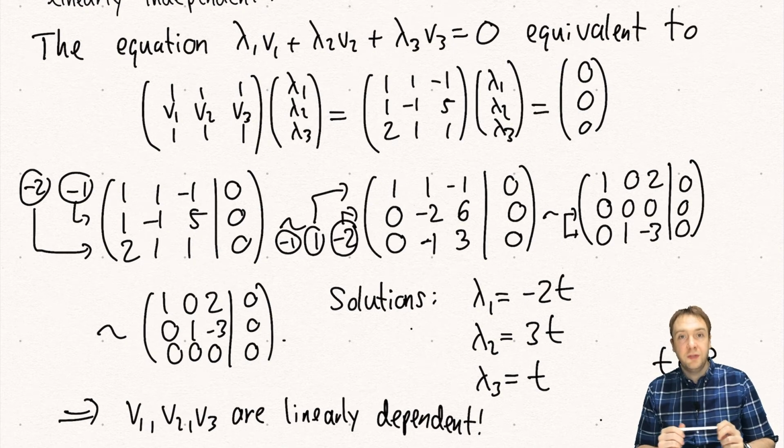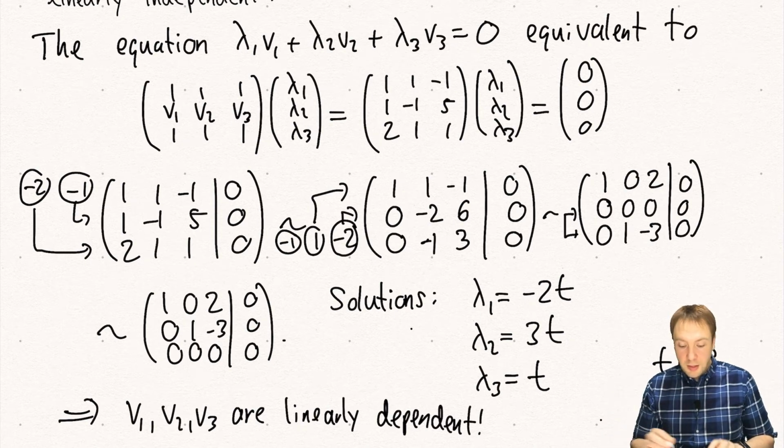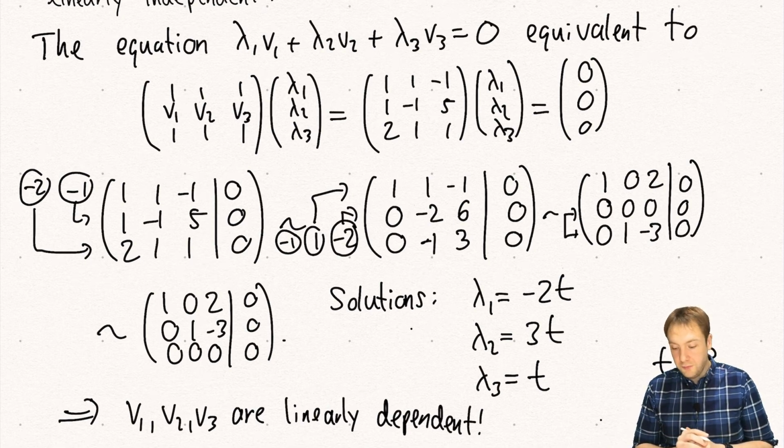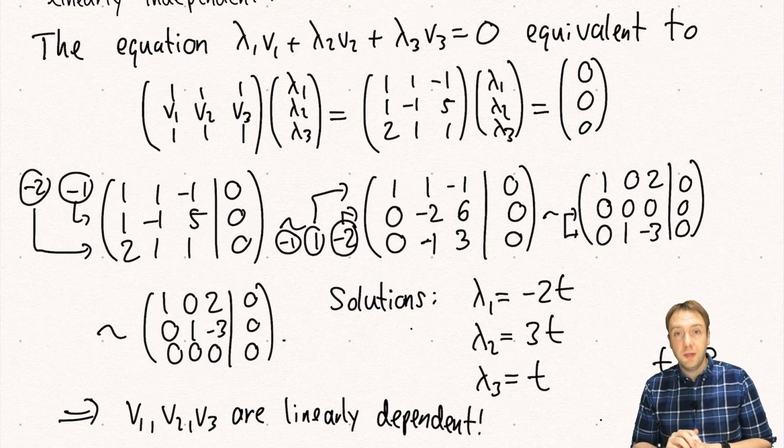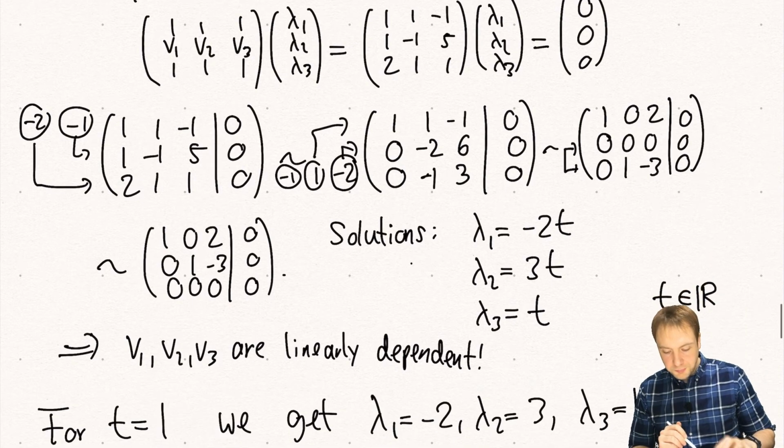If there are no free variables, then you just have a unique solution given by all lambdas being 0, and then they are linearly independent. But if you find free variables, then you have infinitely many solutions, like in this example here. And then at the spot of the free variable, which corresponds to vector v3, you will be able to argue that you can remove this vector because it can be written in terms of the others.